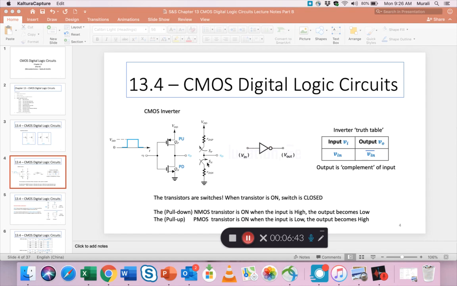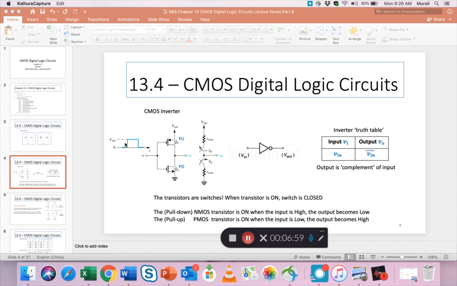There's also a small resistance in series because none of these devices can be on without some resistance to the current flowing, right? We know there's a natural resistance, but if you ignore that for the moment, just think of this as a switch and this as a switch.